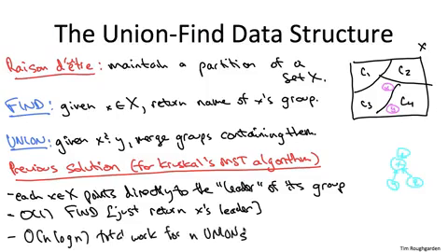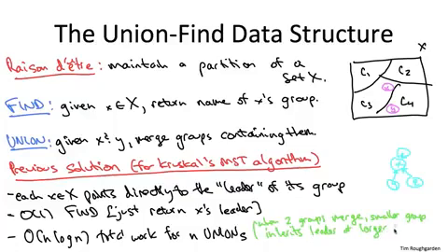That is, the new fused group inherits the leader from the bigger of its constituent parts. If we do that optimization, it's still the case that a single union might take linear time, theta of n time, but a sequence of n unions takes only big O of n log n time. And that's because each object endures at most a logarithmic number of leader updates, because every time its leader pointer gets updated, the population of the group that it inhabits doubles.